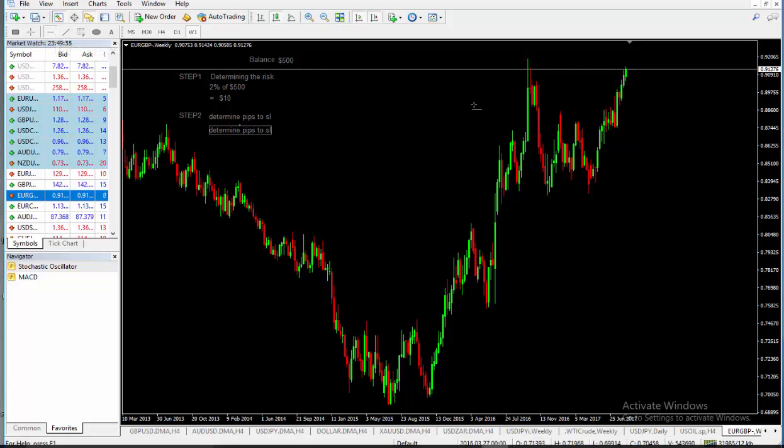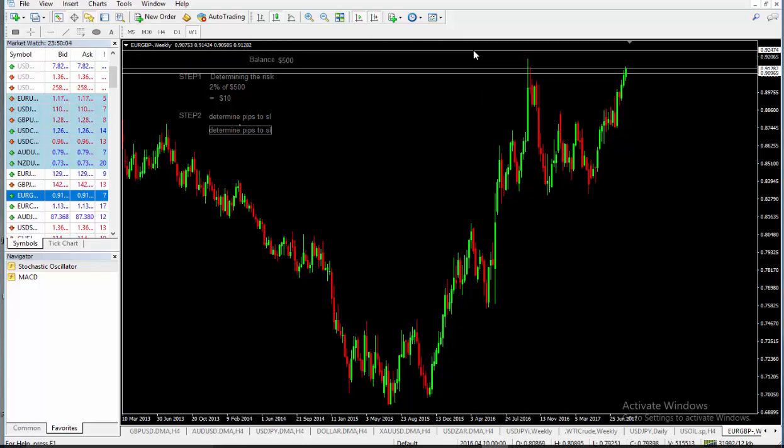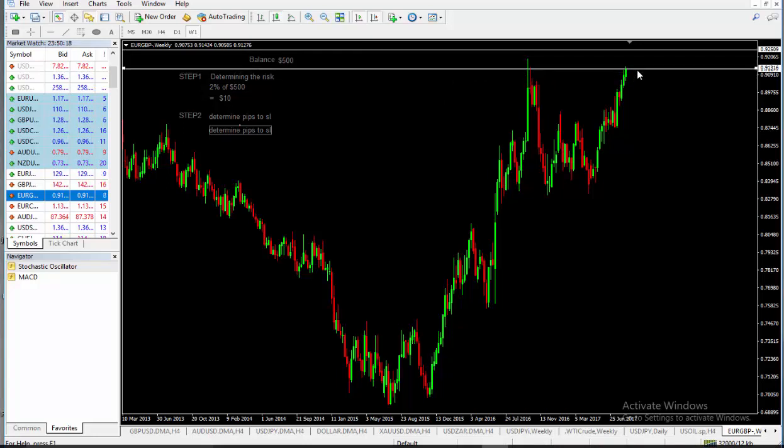Let's say now, where do we enter a trade? Let's say we want to enter the trade there. Our stop loss will be somewhere here, and our entry will be somewhere here.